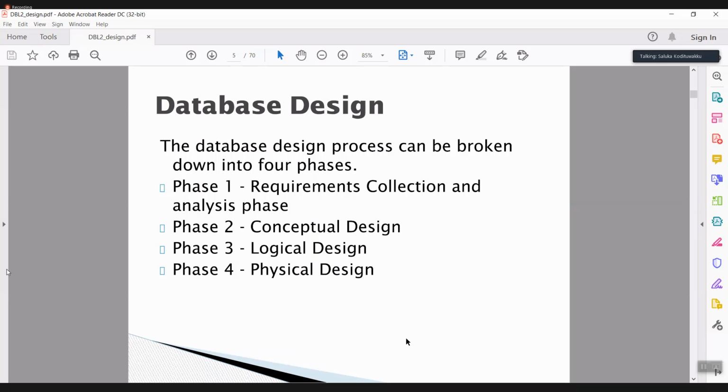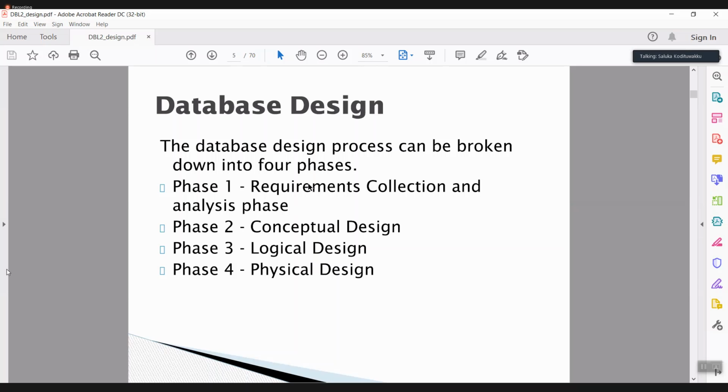You have to start with the mini world and end with a good quality structure or good quality database. The database construction includes 4 phases.